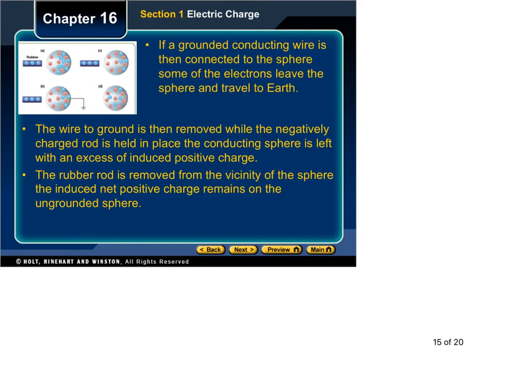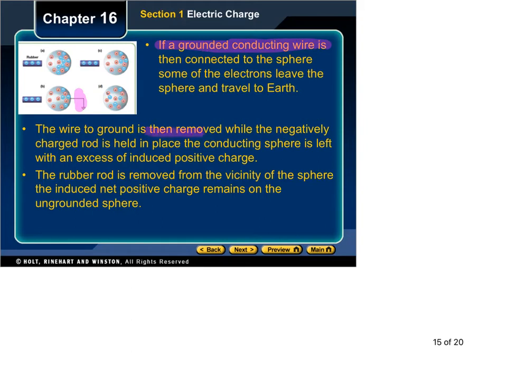Now, we connect a conducting wire, a grounding wire, as illustrated there. That allows some of those electrons to leave and travel to the Earth.